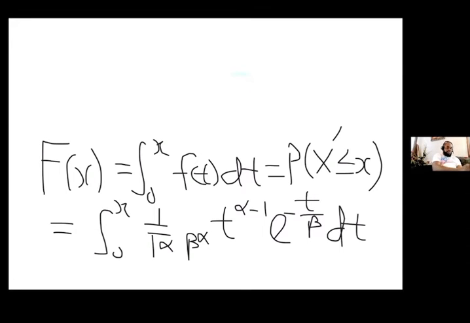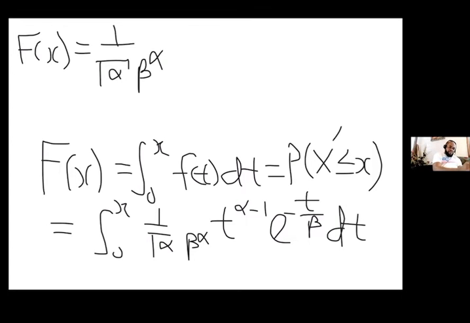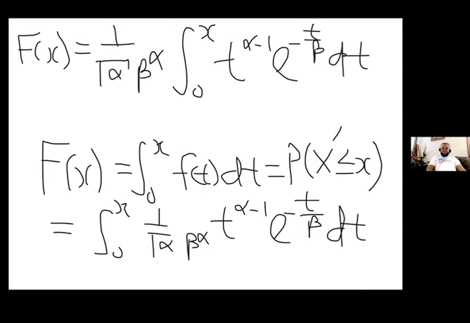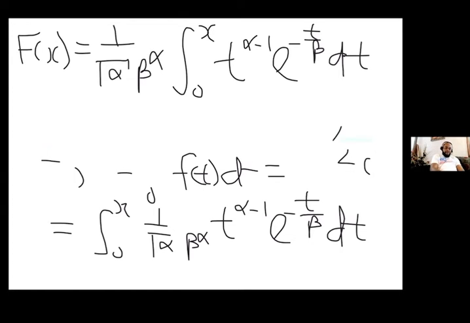So F of x equals 1 over gamma alpha beta raised to power alpha, the integral from 0 to x of t raised to power alpha minus 1, exponential raised to power minus t over beta, dt. That is where we are now.